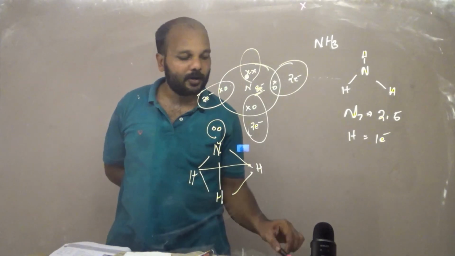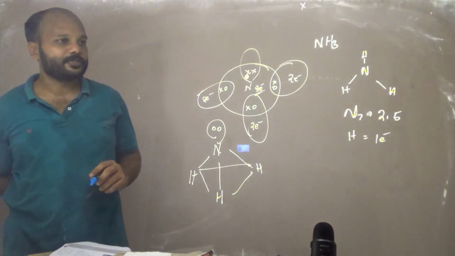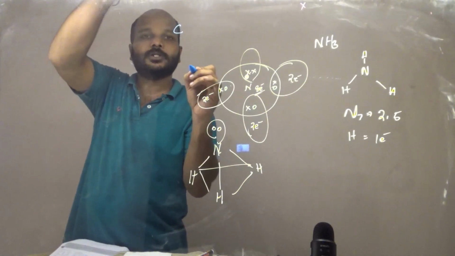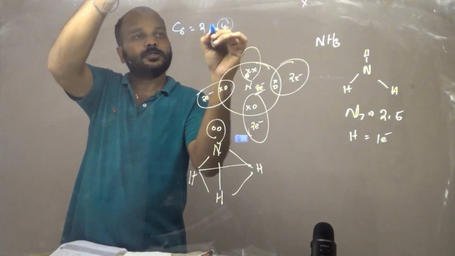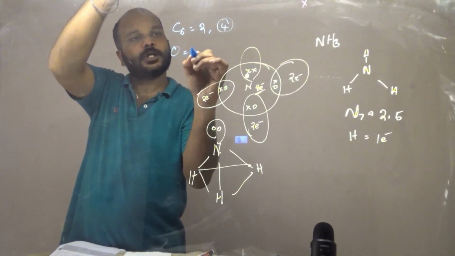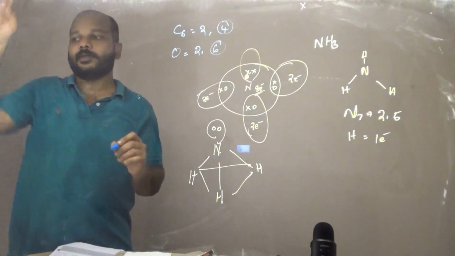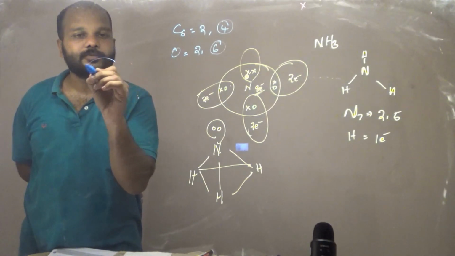Now another one is carbon dioxide. See, carbon's atomic number is how much? Carbon has atomic number 6, so 2, 4. Oxygen has 2, 6, right? Now let's see the electronic configuration and how carbon dioxide comes.